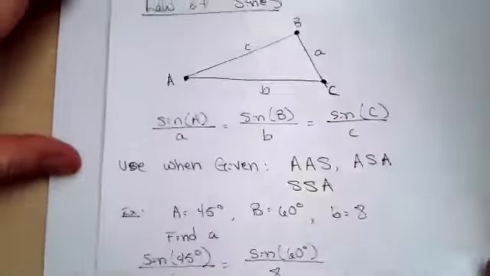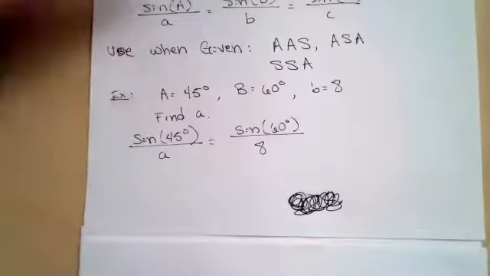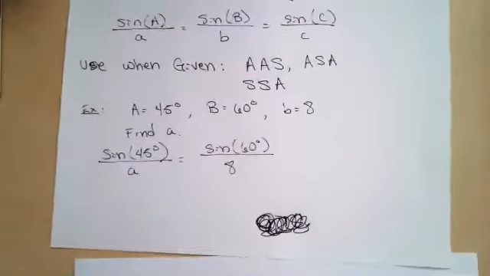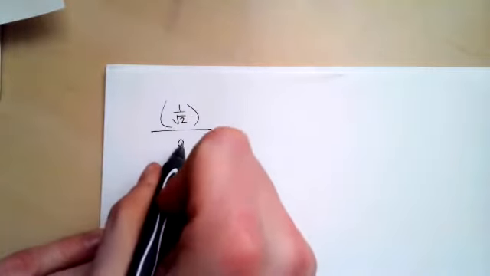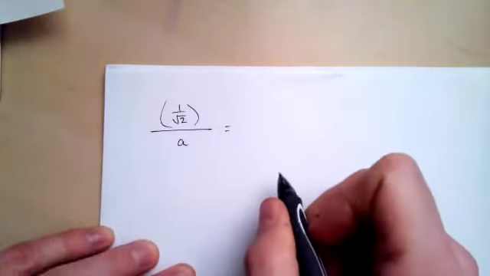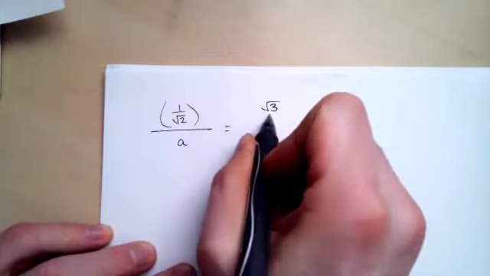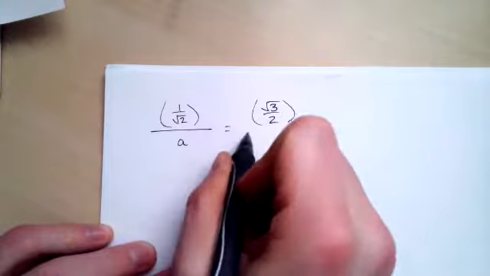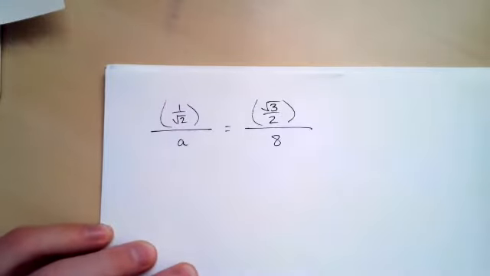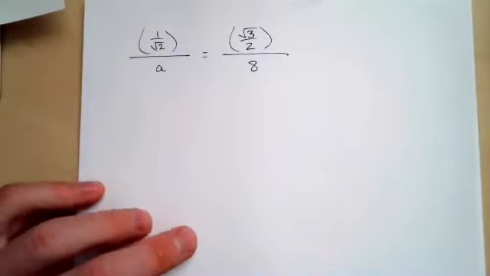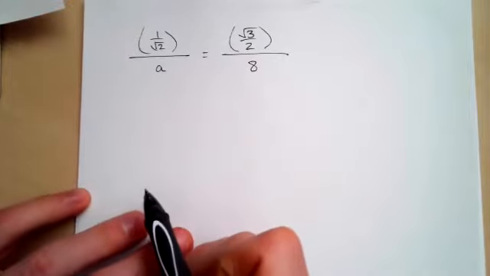So let's go ahead and compute that out. Sine of 45 degrees, if you look at your reference triangles there, is 1 over square root of 2. Sine of 60 degrees is square root of 3 over 2. And our B was still 8. Now we just solve for A. If you want, you can cross multiply.